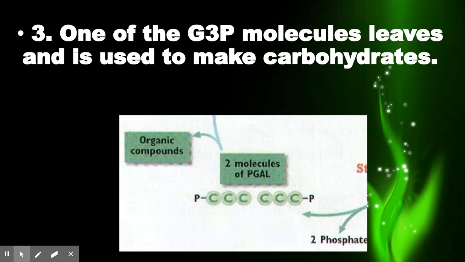In the next step, these G3P molecules that we made from the PGA by attaching a phosphate onto the end, one is going to leave and be used to make the carbohydrates that are a product of photosynthesis.